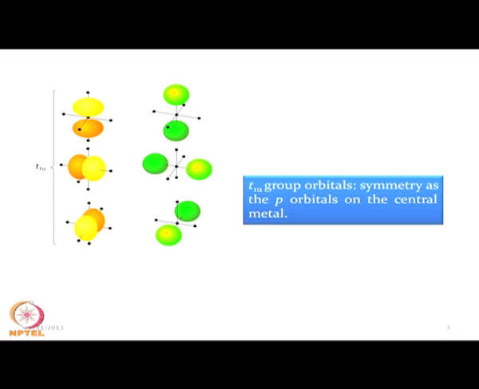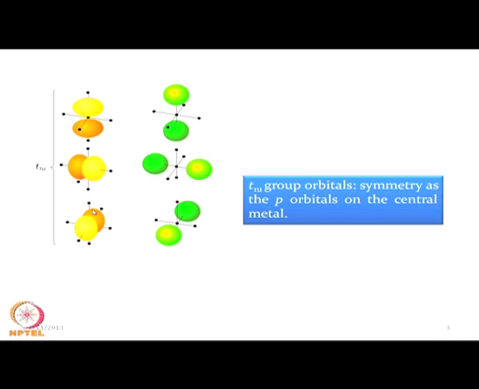So, apart from the d orbitals and s orbital, we have these p orbitals also which are engaged in sigma bonding. What we see is that we have one s orbital of A1g symmetry, 2 d orbitals of Eg symmetry and 3 p orbitals of T1u symmetry.